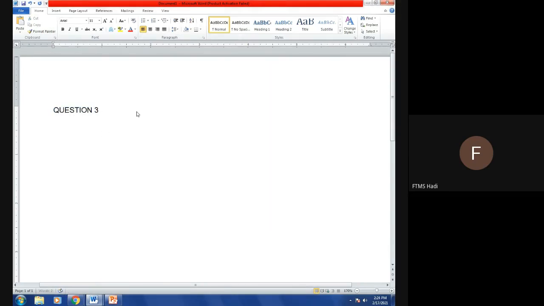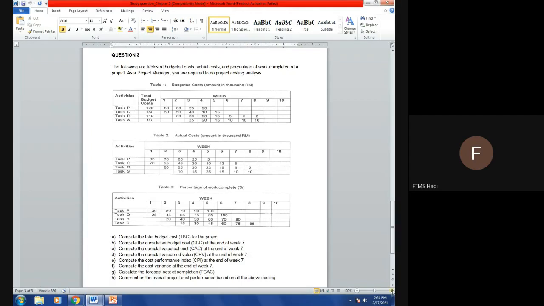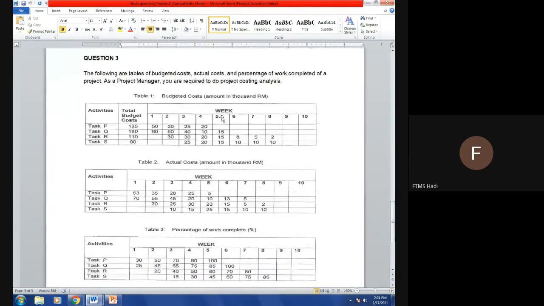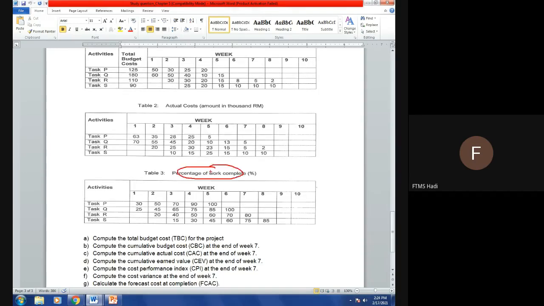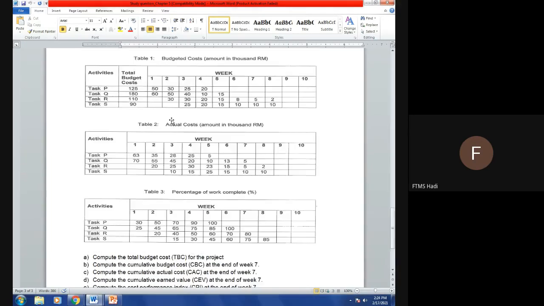Alright, so the following are tables of budgeted cost, actual cost, and percentage of work completed of a project. So you as a project manager are required to do project costing analysis. They give you the total budget cost, the actual cost, and the percentage of work complete.